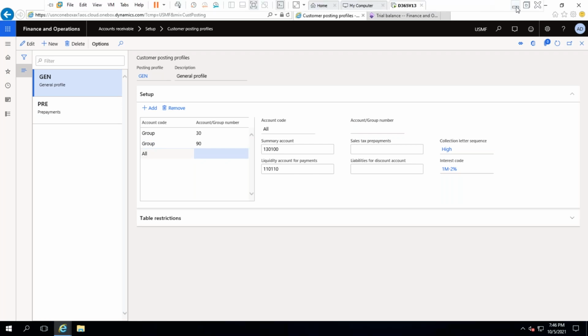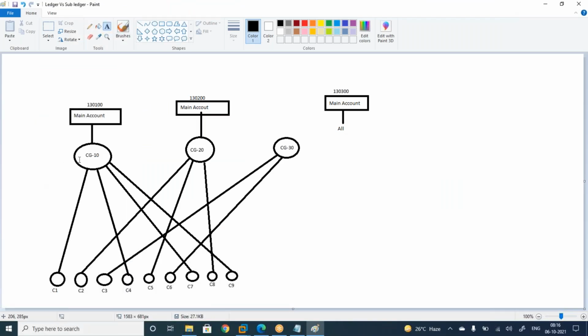So for group 10, there is a ledger account. If you post any transaction here, it will post to this 130 100. Means the transaction will exist here and the transaction exists here also.